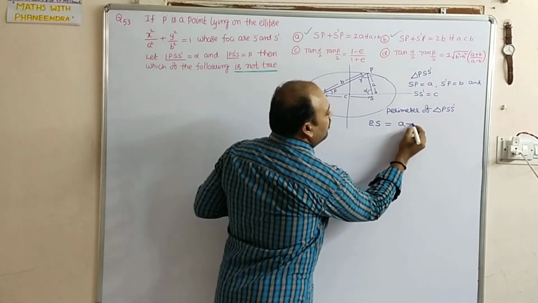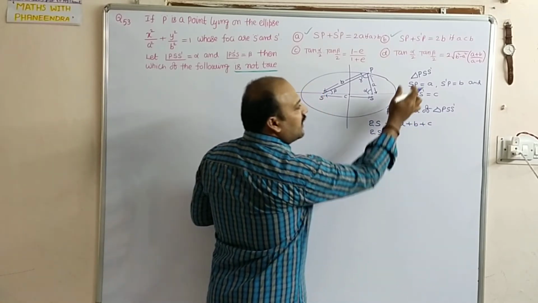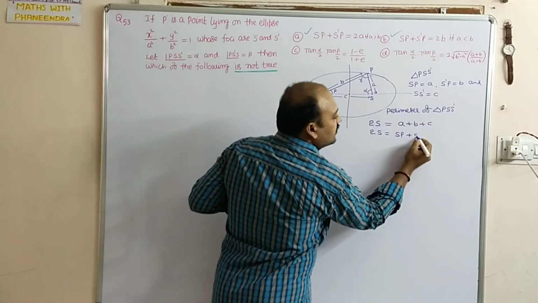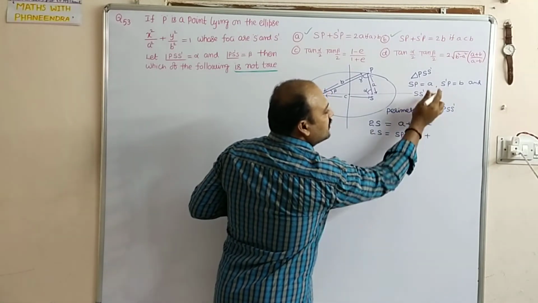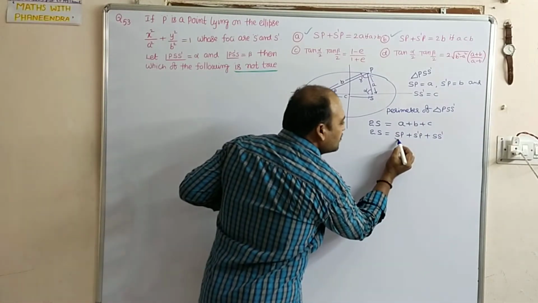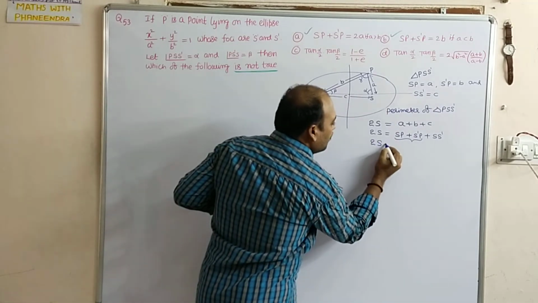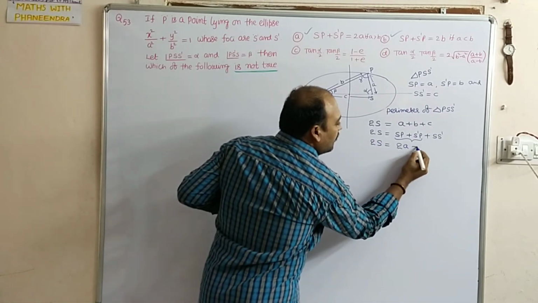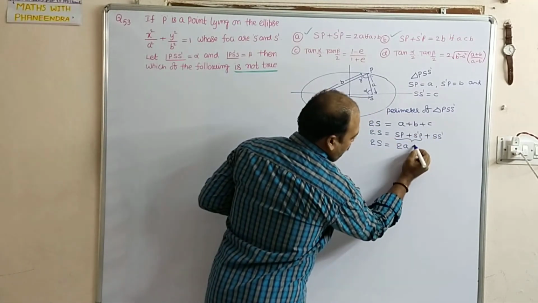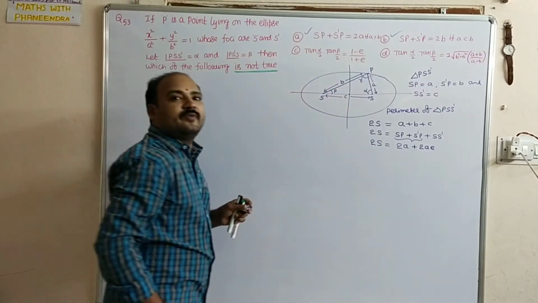2S is equal to A plus B plus C. What is A? SP. What is B? S dash P. Plus what is C? SS dash. We know that SP plus S dash P equal to 2A. So 2S is equal to 2A plus SS dash, distance between foci, which is 2AE.